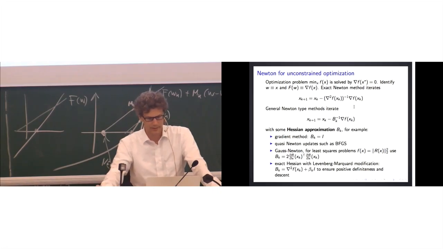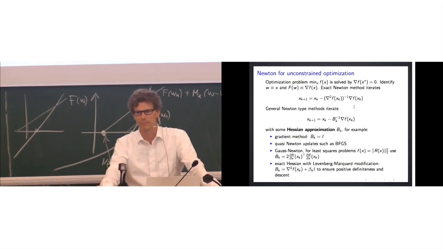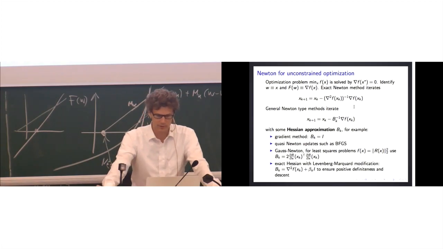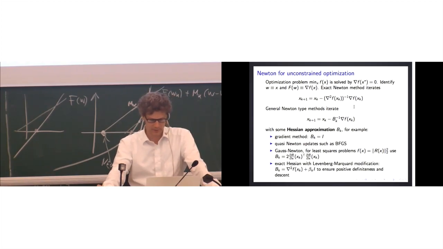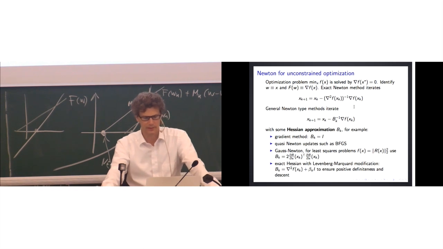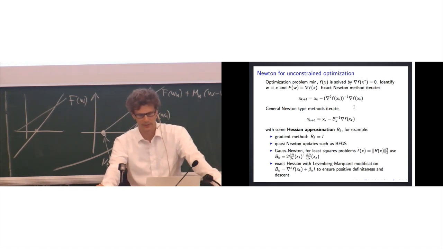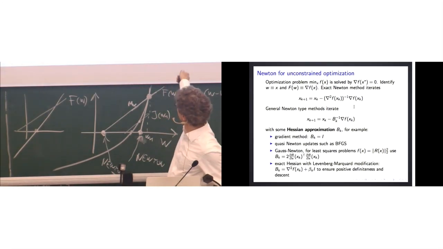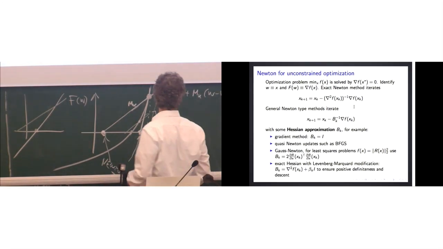You could do something that's called a quasi-Newton update. The most successful or most widely used is the BFGS update. There are others. You could use something that is called the Gauss-Newton Hessian approximation, and that's only applicable if your objective function was a square function, like the square of a lot of residuals. Yeah?